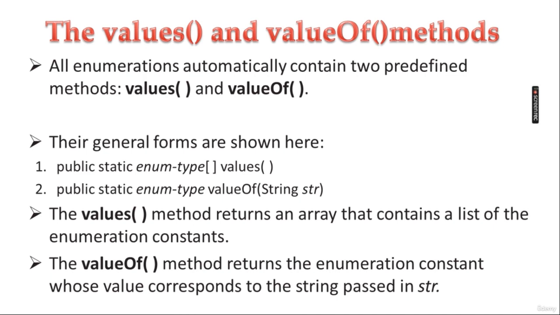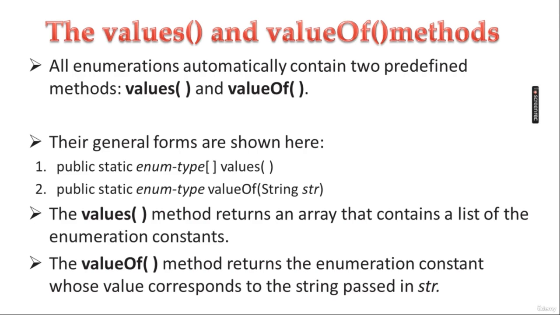Public static enum-type values. It will give you the enum-type array, which is public and static. And the second method will return the value of that particular string that you pass, and it will return its enum type. The values method returns an array that contains a list of enumeration constants.